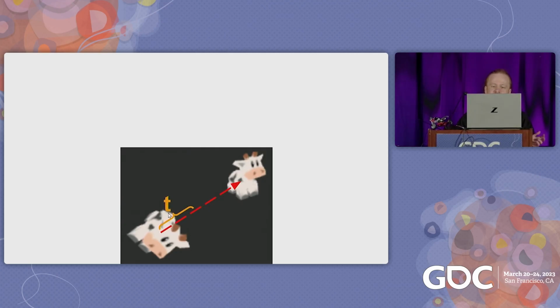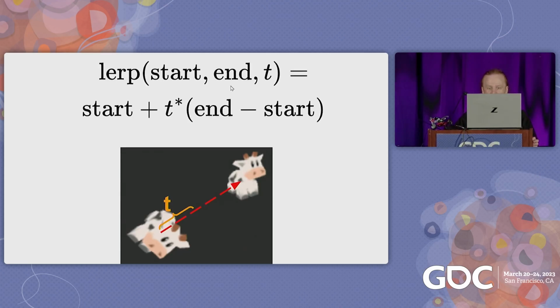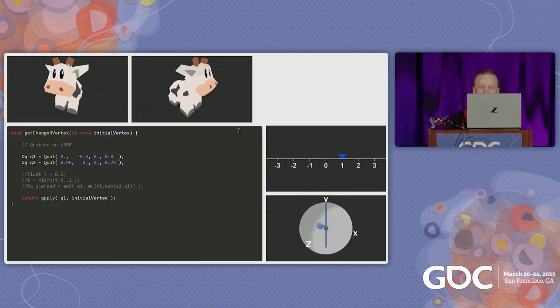You've got some number t, let's say, and you want it to be the case that if t is equal to a half, then it gets you halfway from this position to this position. And even the summer intern could write this. If you have these positions as vectors, then you just do the start plus t multiplied by the end minus the start. And that is what LERP is. And it turns out that you can do this directly with quaternions.